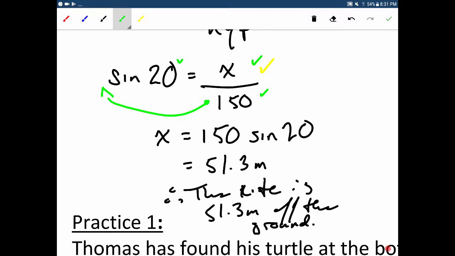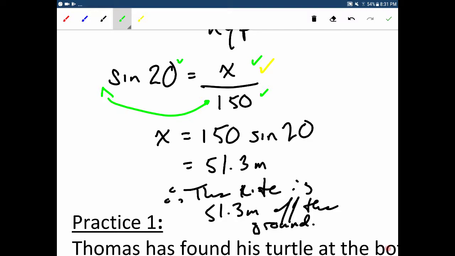There's only a couple different types of questions we can have in trigonometry. This is the most common, probably. Regardless, you take that 150, you stick it up with the sine 20, we get x equals 150 sine 20, and you just type it into your calculator. I want you to get your calculator out and try it. Make sure you can get 51.3.